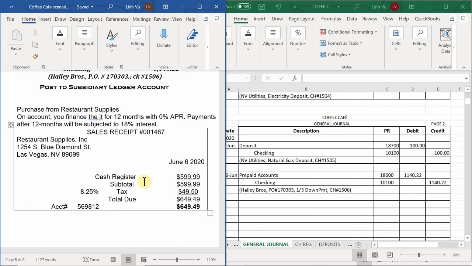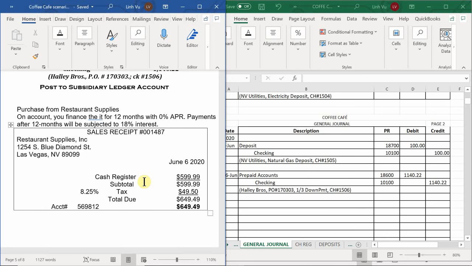Is it shipping and handling? In this case, we don't have any shipping and handling because we actually went to the physical store and picked it up. Okay. Tax? Tax is included. And the total due. That's it, right?